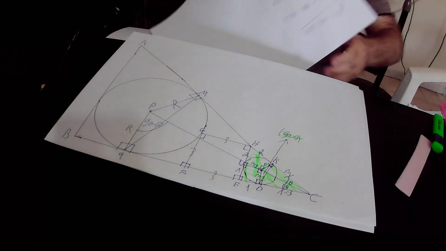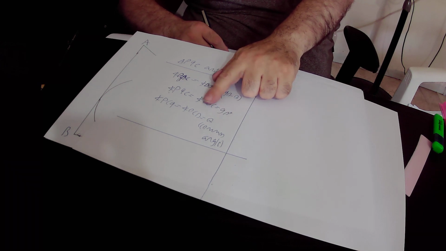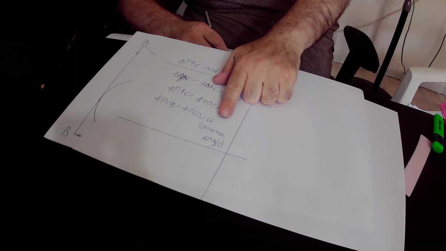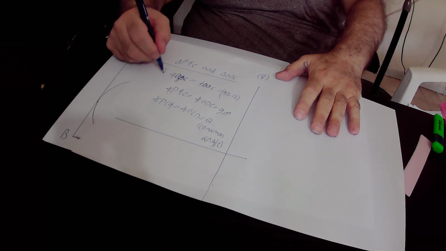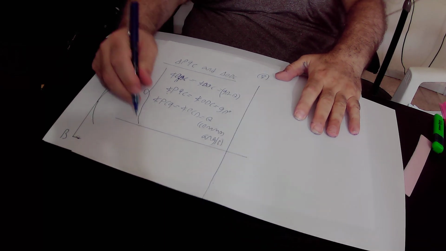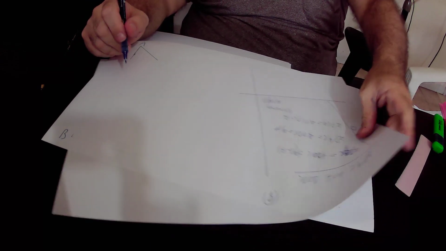Repeat again. Here, angle theta equals itself. It's a common angle that belongs to both triangles. So we actually proved that the two right triangles can go into each other according to angle rules. So I write it down.